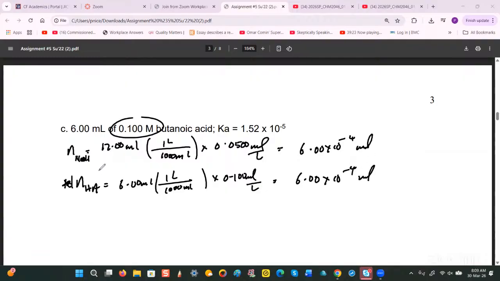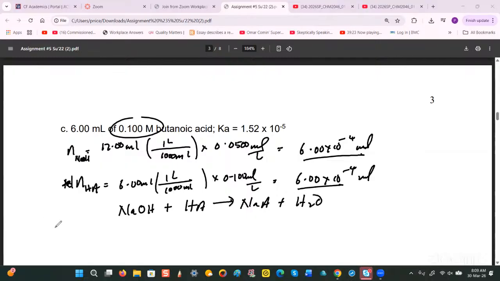So the interesting thing about this situation is that the number of moles of the acid and the base would be the same. Now, the reaction, of course, between the sodium hydroxide and the acid would be what you see here, right?